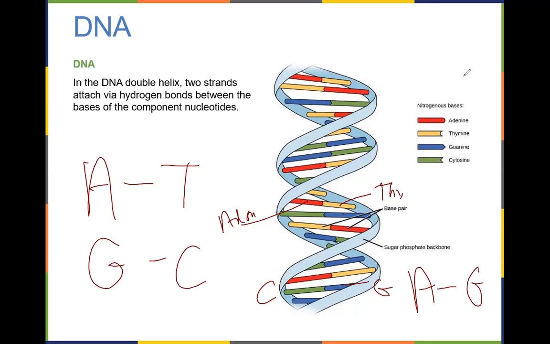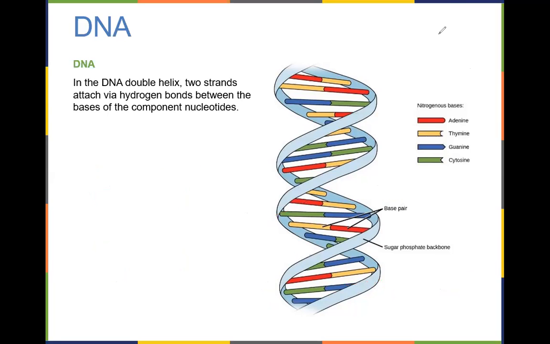Now, mistakes can happen, and mistakes will happen. But the error rate for a mistake here is something like 1 in a billion. So that's a lot of flexibility there for not making a mistake. So this is what the DNA molecule looks like. We have these bases paired up with each other.